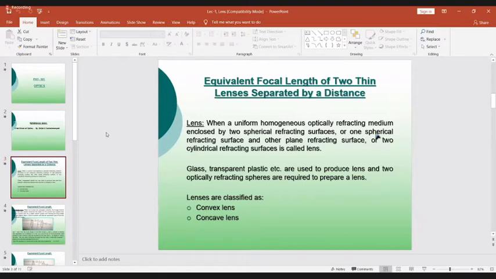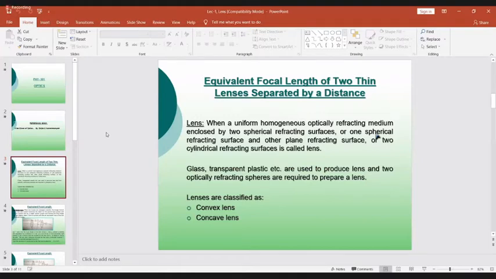A medium enclosed by two spherical surfaces. We know that there are convex lens, concave lens, that type. Or one spherical refracting surface and another plane refracting surface. It means we know plano-convex lens, plano-concave lens, where one side is spherical and another side is plane.